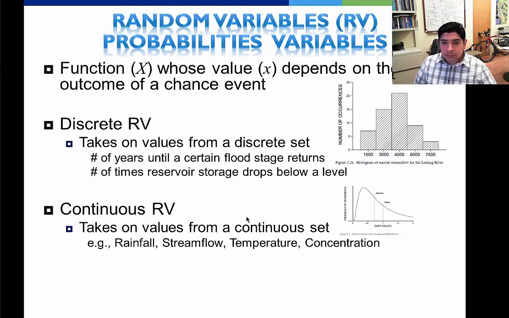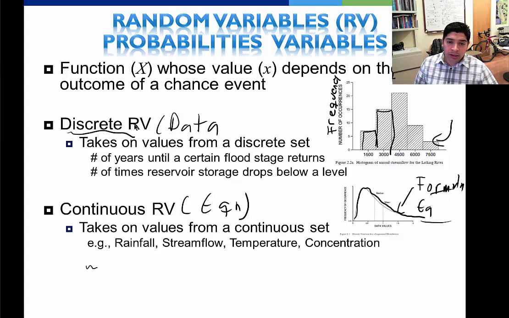Now, let's talk a little bit about random variables. Random variables basically come in two flavors. You can have a discrete random variable, which gives you these different histograms that have this kind of box or bars distribution.